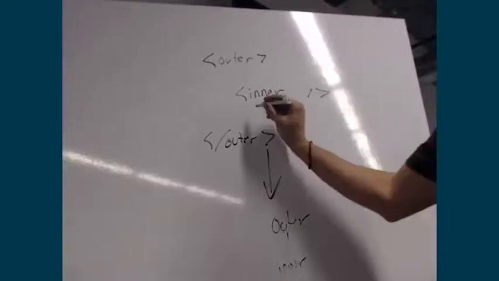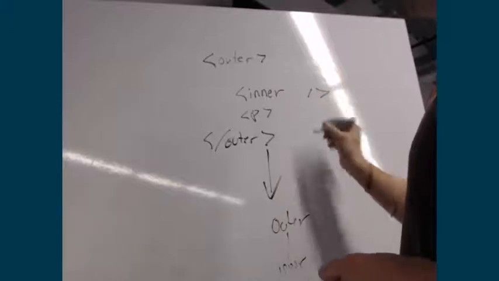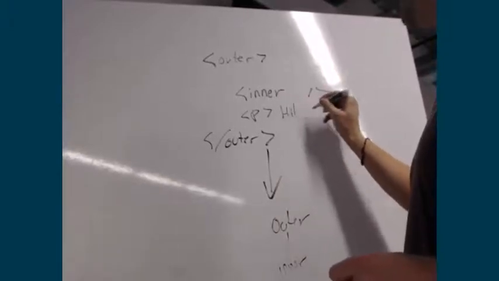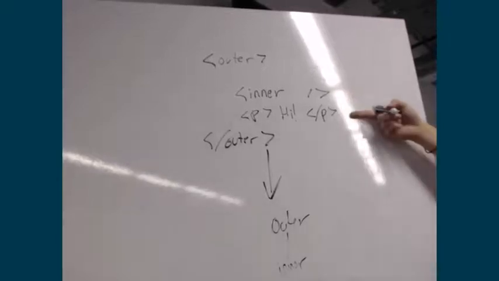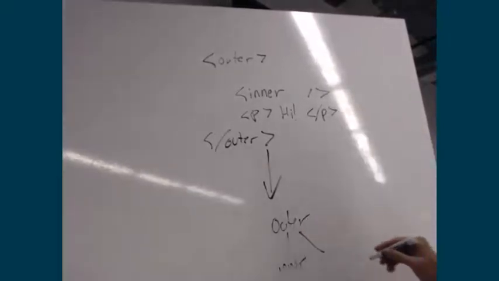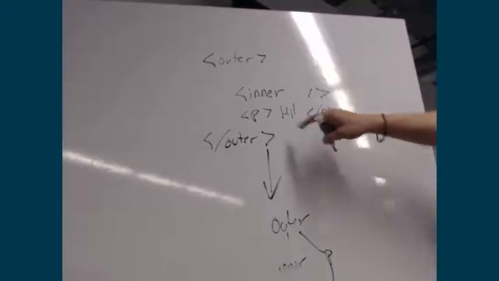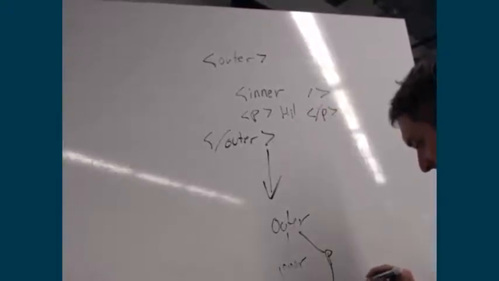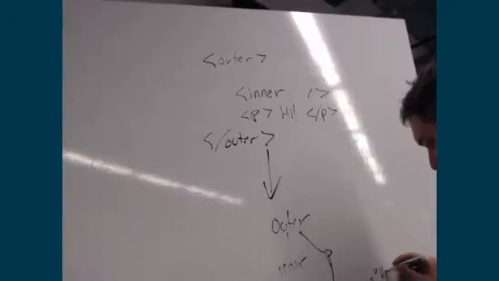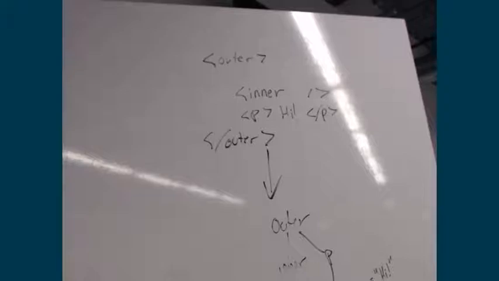And if I put a p tag on this that says hi, then this also has a p node which has a text node off of it whose value is hi. It's turning this string of tags into a tree. Node tree.